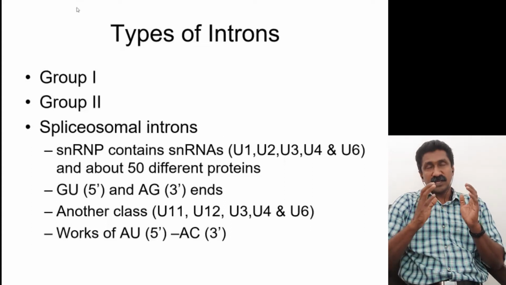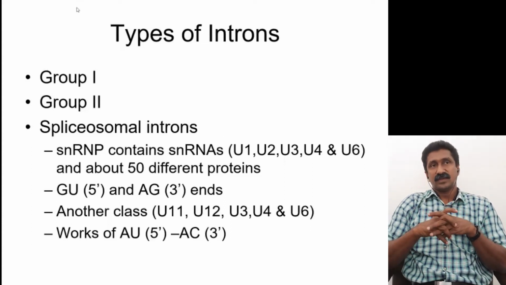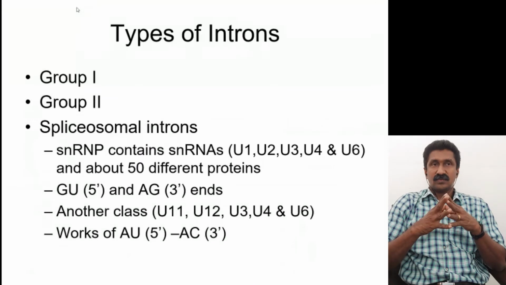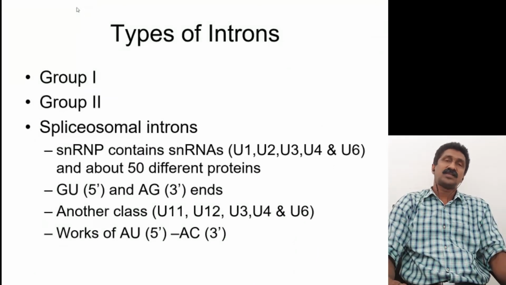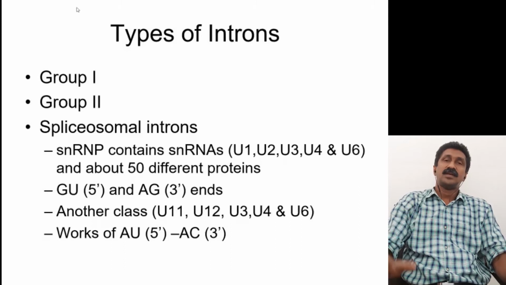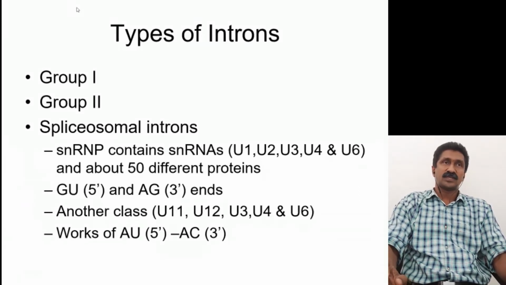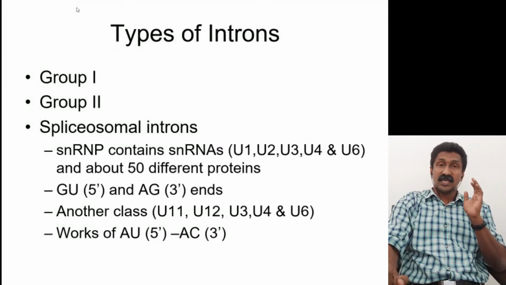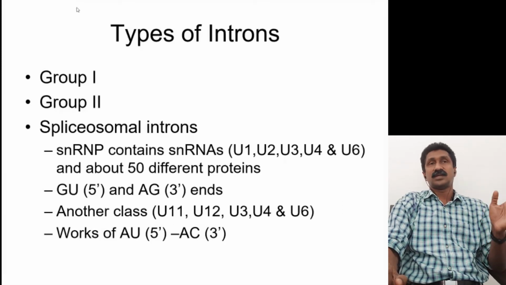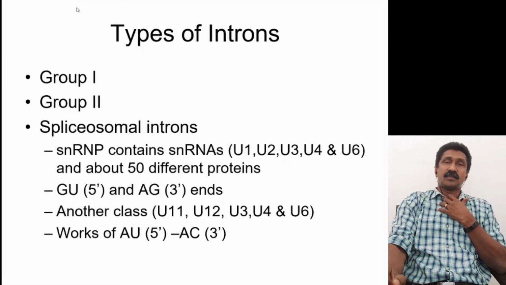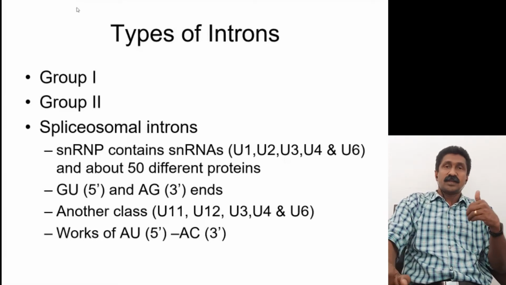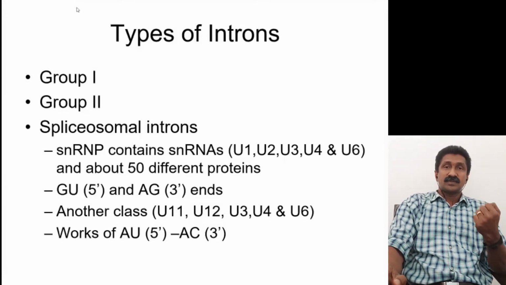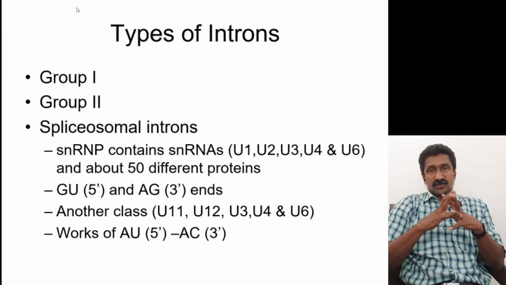So the spliceosomal introns are of two categories: introns with GU and AG ends, and with AU and AC ends, which require different sets of snRNPs and snRNAs for their splicing and formation of the spliceosome. So this is about different types of introns. Group 1 and group 2 introns are self-splicing and don't require the support of snRNPs, snRNAs and additional proteins. Whereas the spliceosomal introns, which require snRNPs and snRNAs, are of two types with two different end sequences.